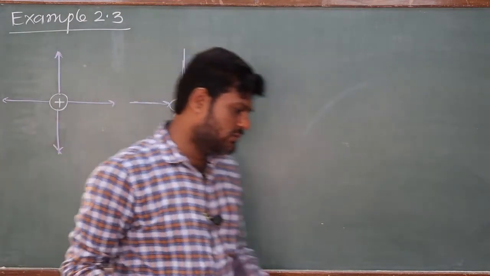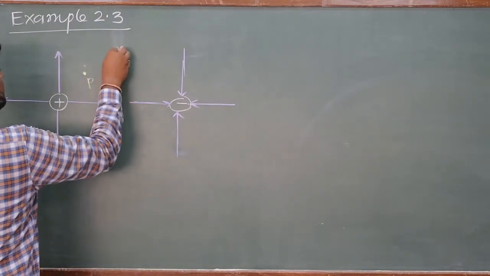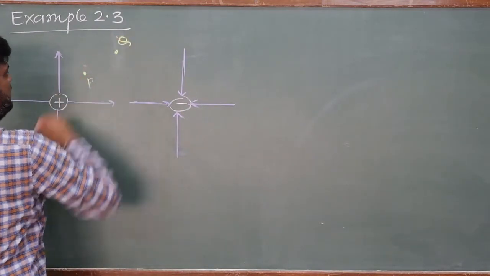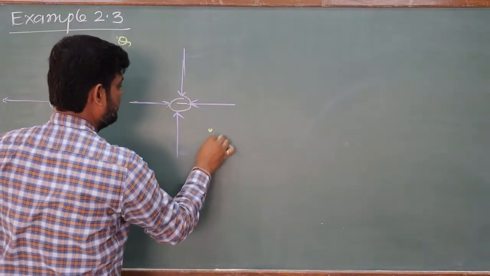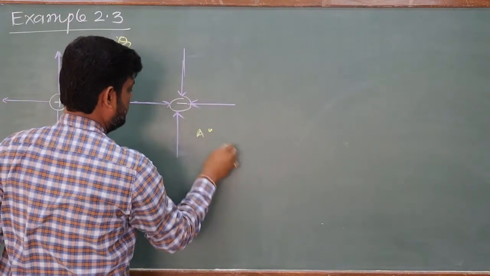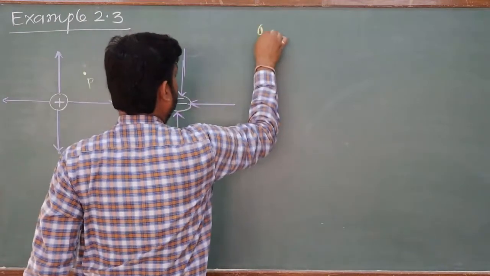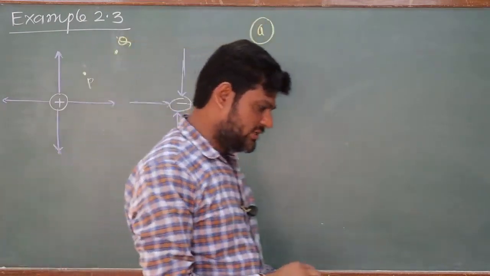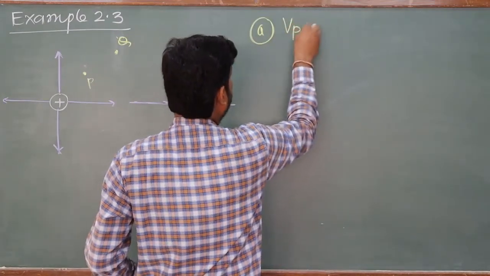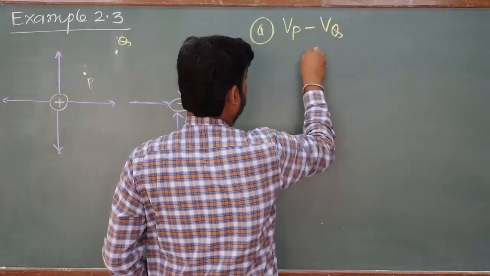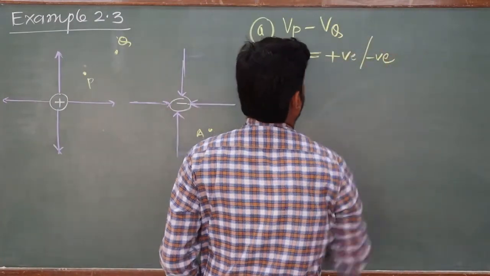The points are given over here, P and Q. Here it is a P point, here it is a Q point, right? In the next diagram it is an A point and a B point. The first question, that is Vp minus Vq, Vp minus Vq equal to positive or negative.